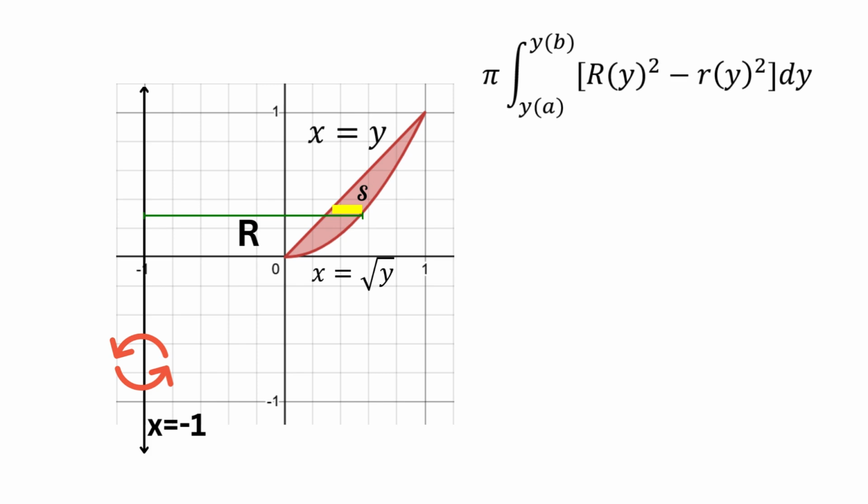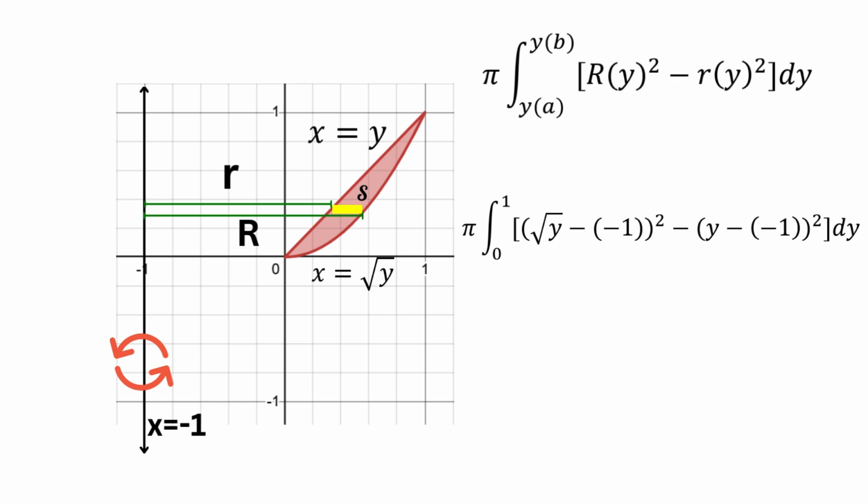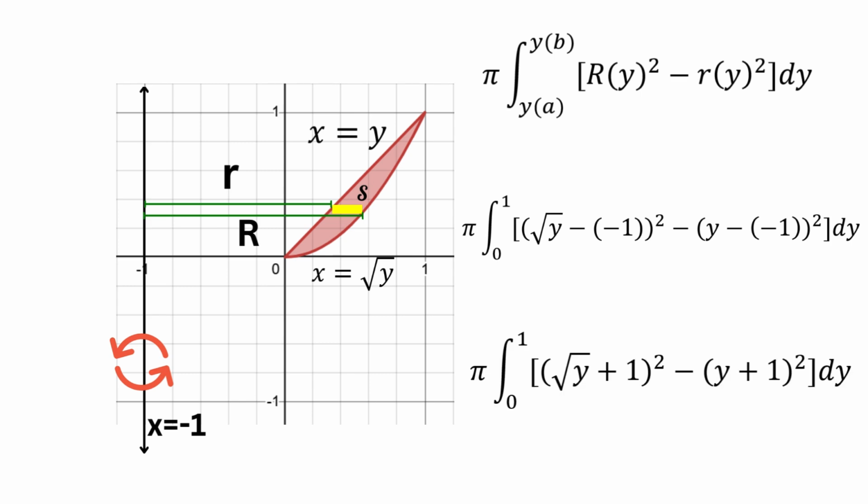So big R would be square root of y minus -1, and little r would just be y minus -1. We plug those into our formula, and once we simplify that, we get pi times the definite integral from 0 to 1 of square root of y plus 1, the quantity squared, minus y plus 1, the quantity squared, all with respect to y.